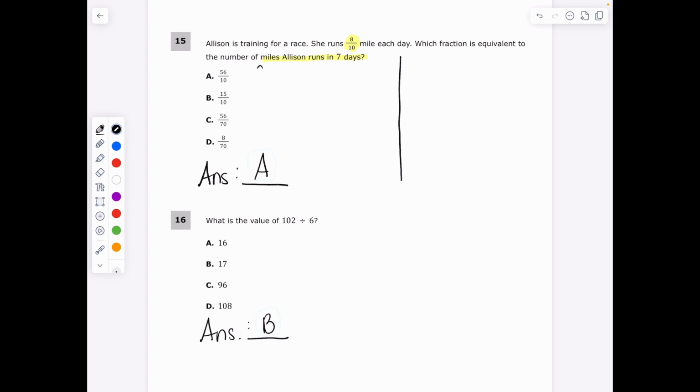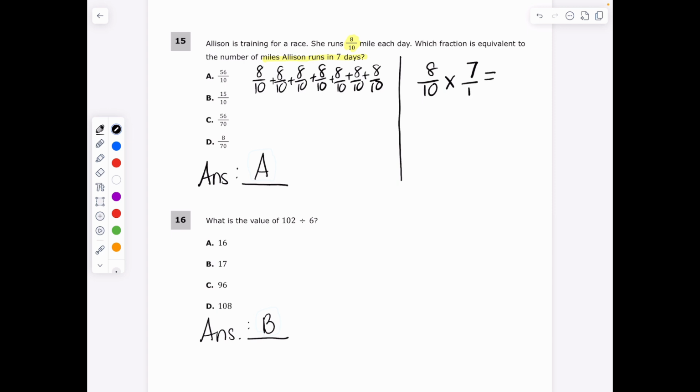So we could say 8/10 of a mile, and she does this 7 days in a row. And I can add all of those up, or you can just say 8/10 times 7. And I can just put a little 1 under it to actually multiply it.